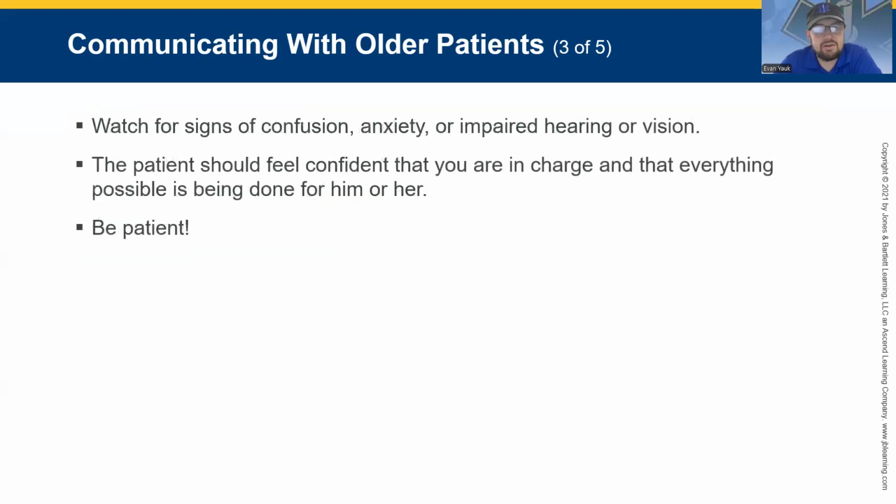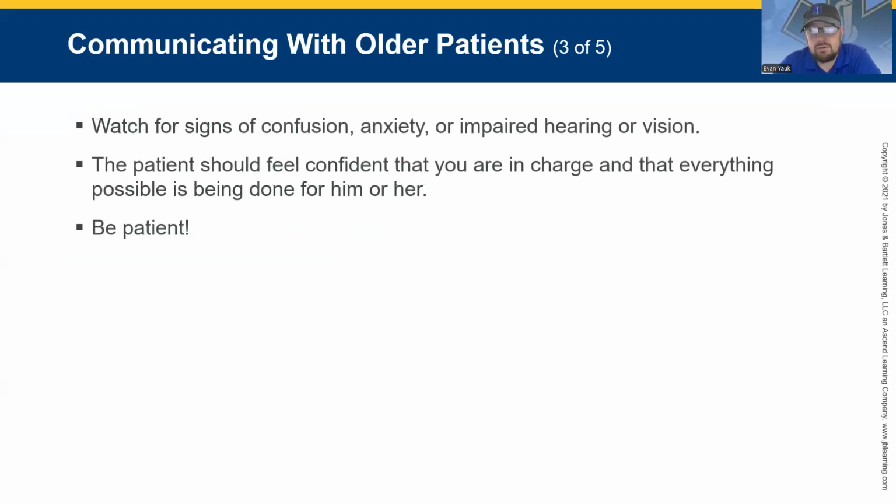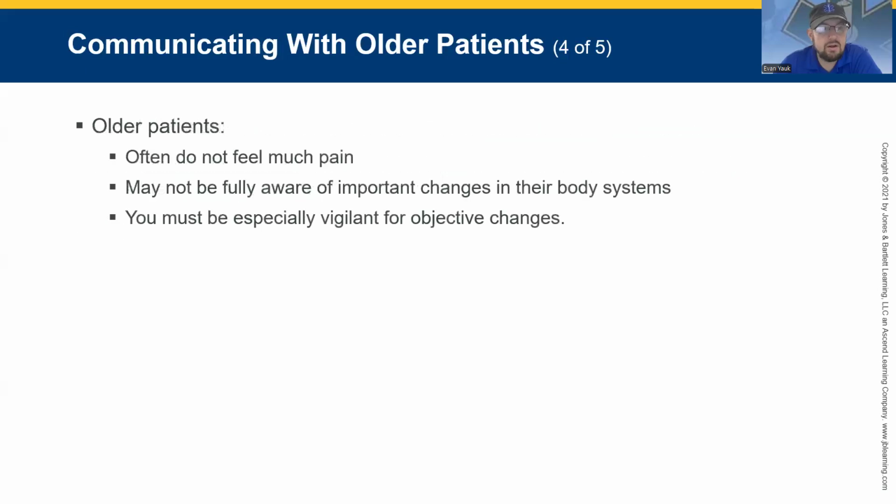Watch for signs of confusion, anxiety, impaired hearing, or vision. The patient should feel comfortable and confident that you are in charge and that everything possible is being done for him or her. Be patient. If you are verbalizing everything you do and you explain why you're doing it, they will be more calm. They will have that confidence that you are the person for the job.